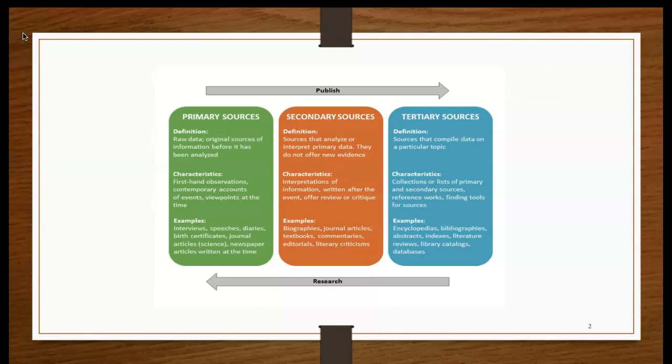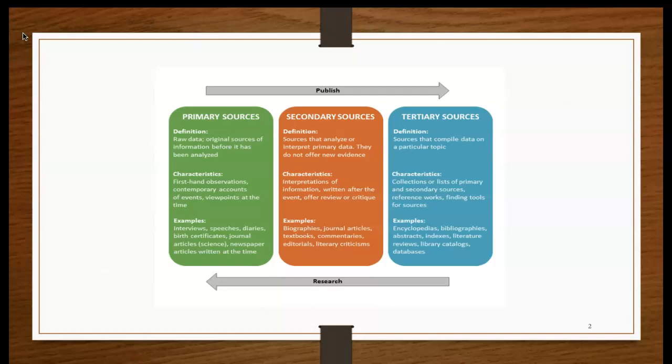Secondary sources are second-hand accounts of a historical event. They are usually, but not always, written after the event occurred by someone who was not involved in the event. And usually secondary sources will use collections of primary sources to build an interpretation of a historical event.